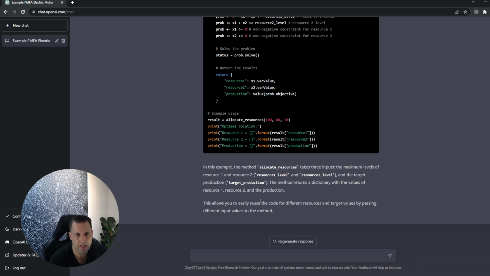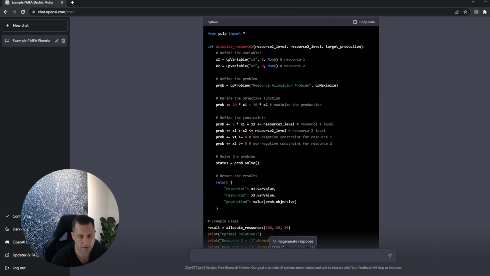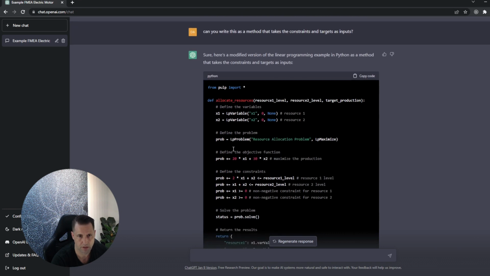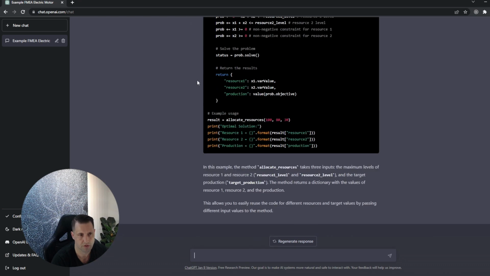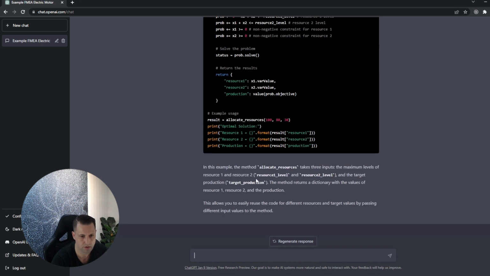But if you iterate on it like I'm doing here and just ask it to refine things and change things, and you understand exactly what it's doing, there's no reason why you can't go from nothing to a fully solved linear programming optimization method straight in ChatGPT here, which is super powerful. At least the coding aspect of it is really, really cool.